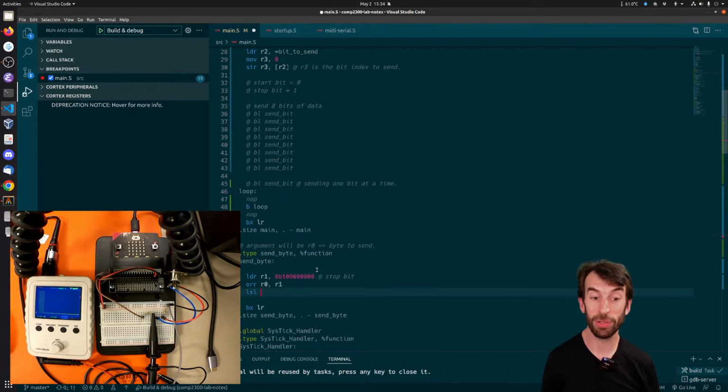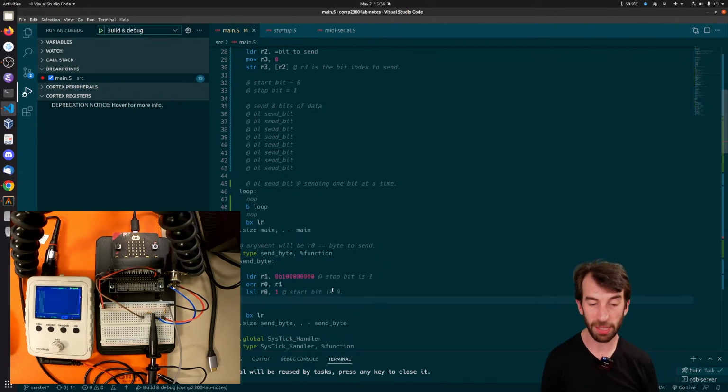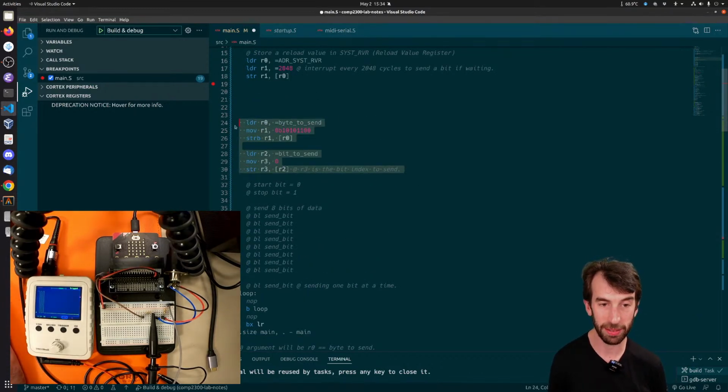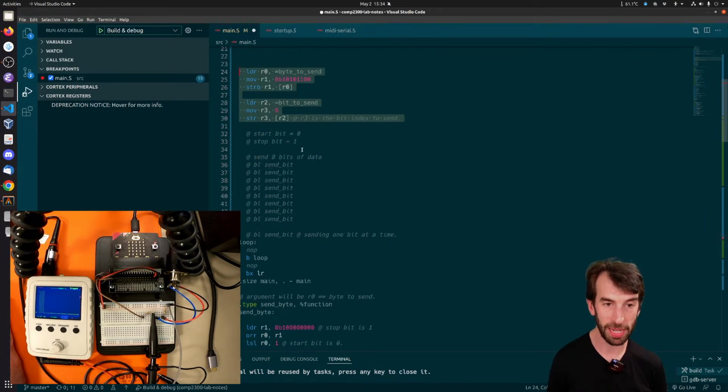And then I'm going to do logical shift left R0 by 1 step, because you know the stop bit is 1 and the start bit is 0. So now I've set up my 10 bits. So this should work better. And I've got to do exactly the same thing, which is to set up that byte to send.